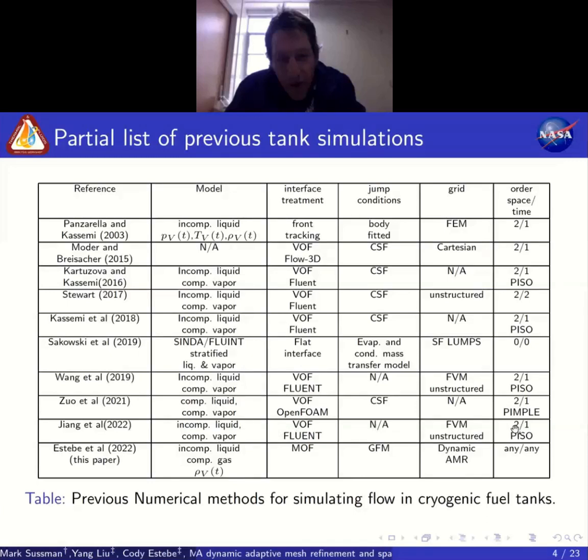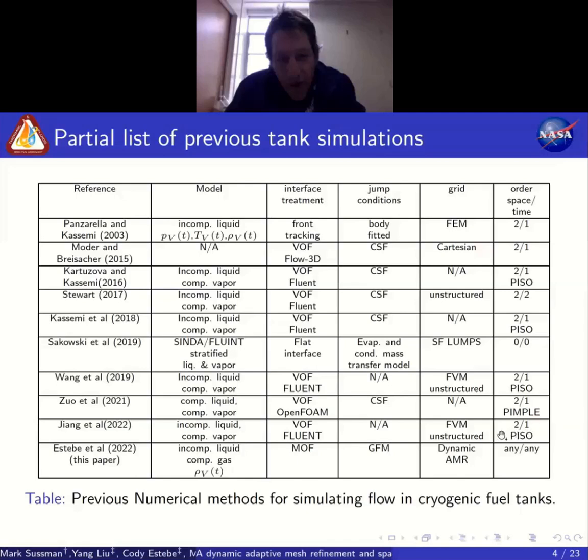There's the liquid and the gas in the tank. The gas has to be modeled as a compressible fluid, because when there's phase change, in order to conserve mass, the density must change in the gas.